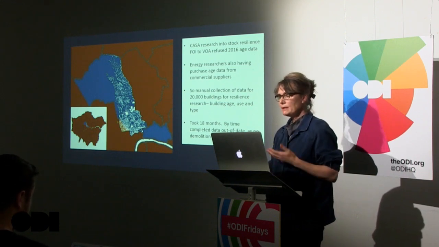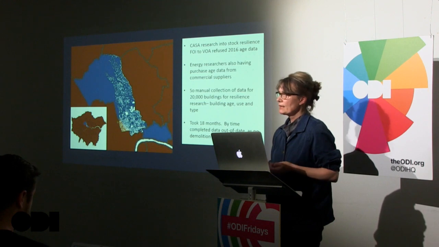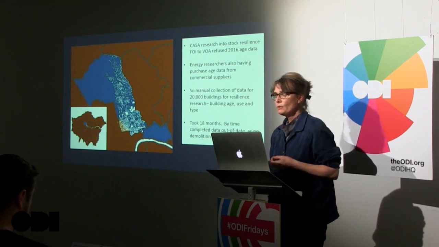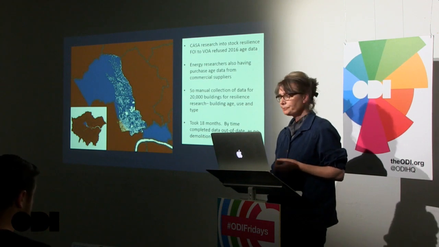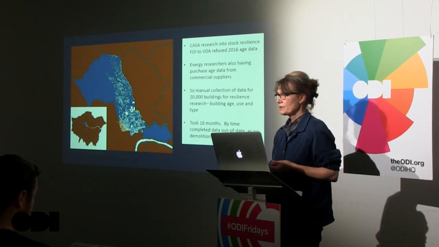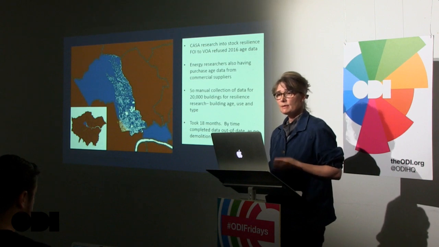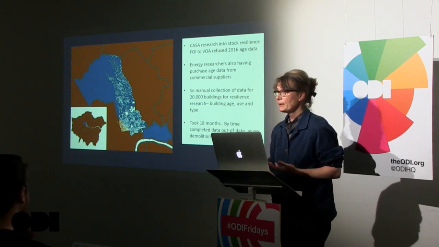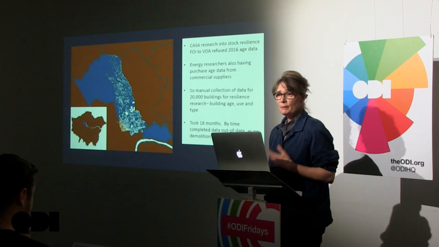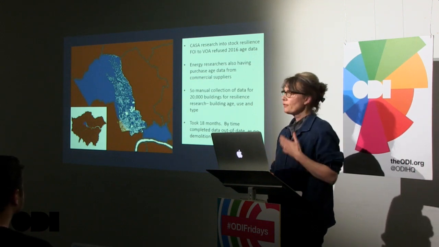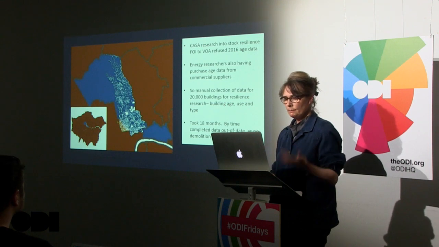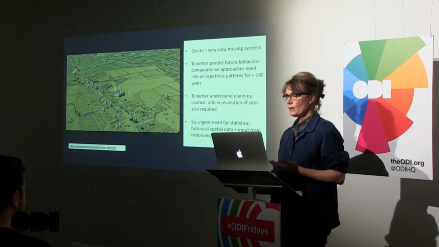And so what we did was collect data on 20,000 buildings manually. So this was age data, typology data, and land use data. And it took 18 months, and by the time it was completed, it was out of date. This is because we don't track demolition, so we can't access demolition data. So these are the sort of things we're trying to raise through this project, these questions.